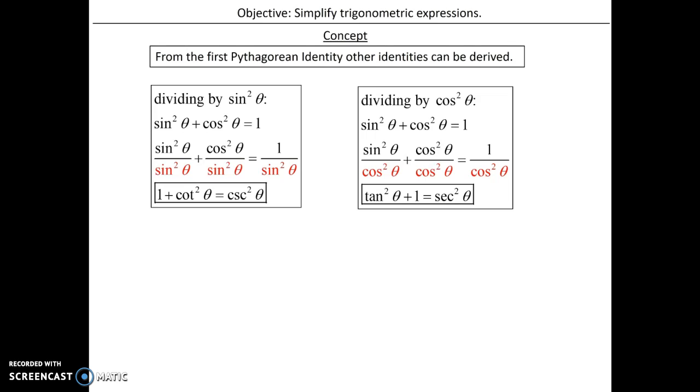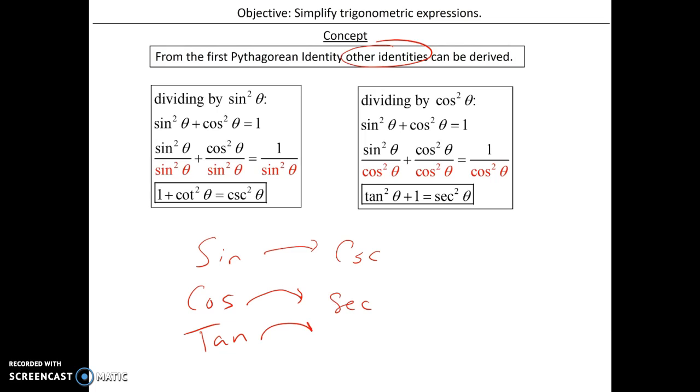Building on this identity, we can get our other identities by getting rid of sine and by getting rid of cosine. From our previous work with the six main trigonometric functions, sine is paired with cosecant theta, cosine is paired with secant theta, and tangent is paired with cotangent.